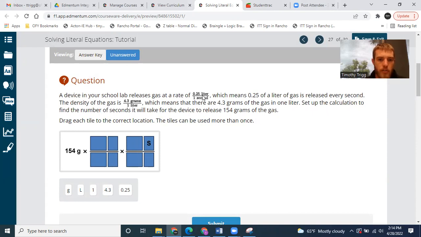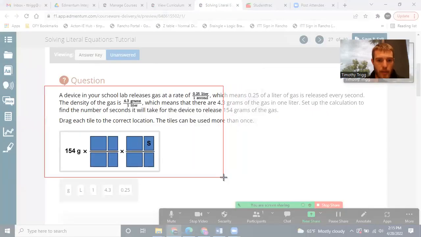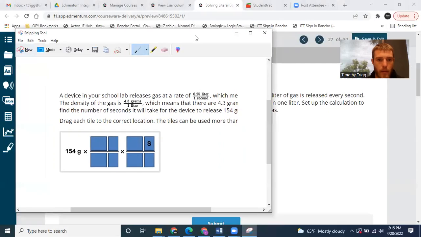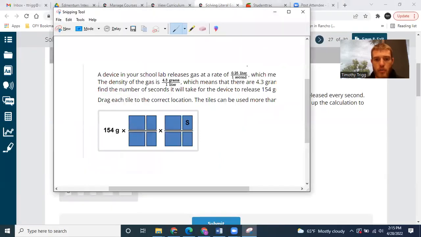Okay. Well, you can see we have two ratios here. Let me go ahead and grab everything we need. We have this 0.25 liters per second, and we have this 4.3 grams per liter. So these two ratios are going to be put in these two areas here.